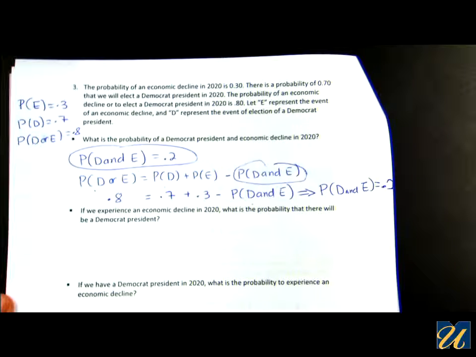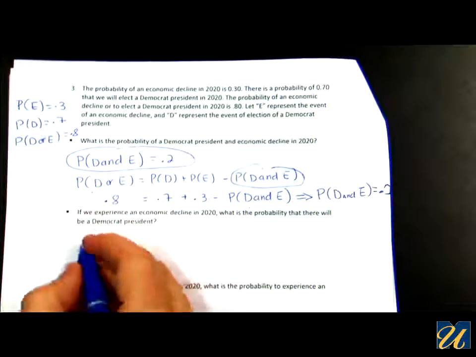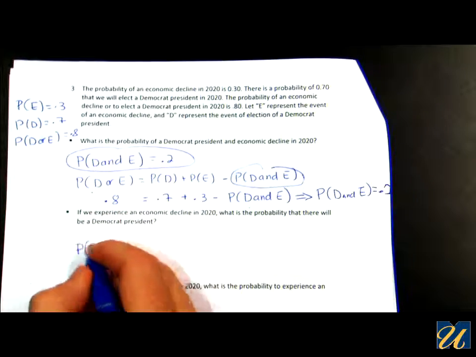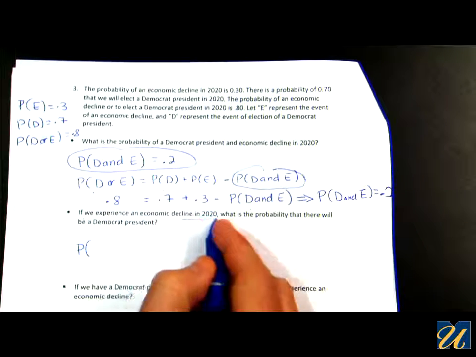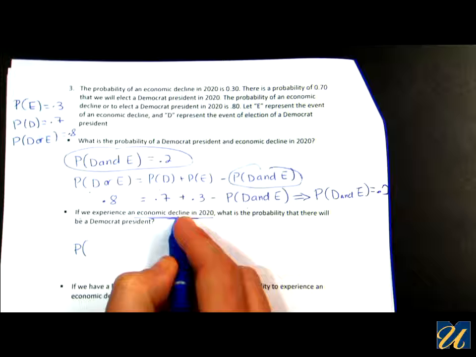If we experience an economic decline in 2020, what is the probability that there will be a Democrat president? So this has to do with how you write the probability you're looking for. If we experience an economic decline, that means that this has already occurred.